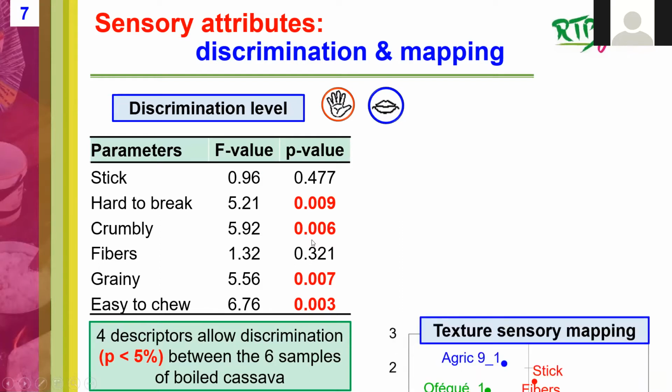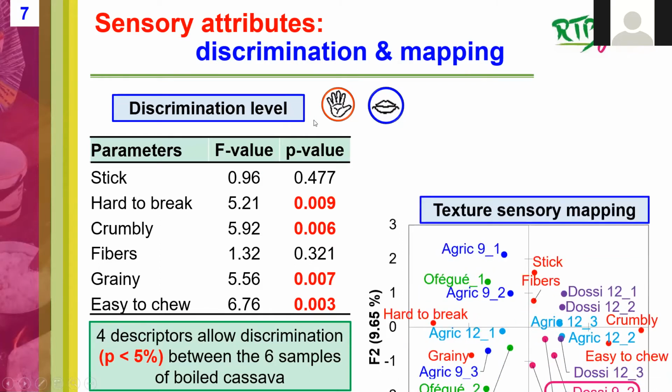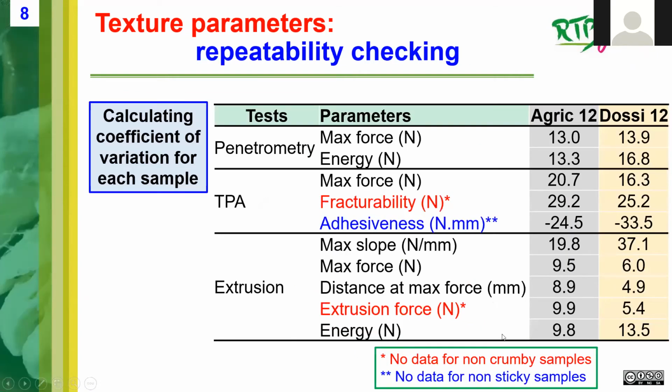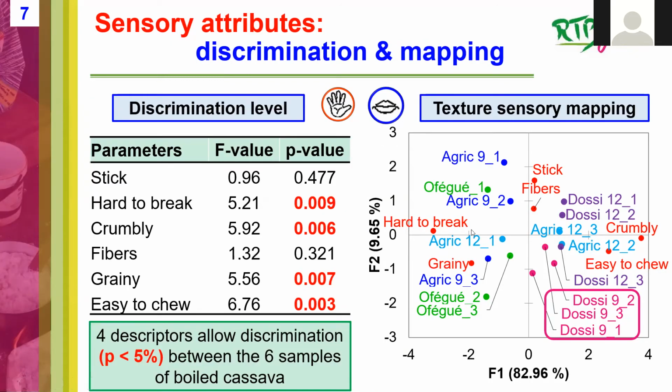The mapping of the sensory texture attributes of each of the 3 cooking batches used for the samples revealed, in this PCA mapping, that based on the second axis, we have some repeatability for the Agric samples and also the aggregate samples.